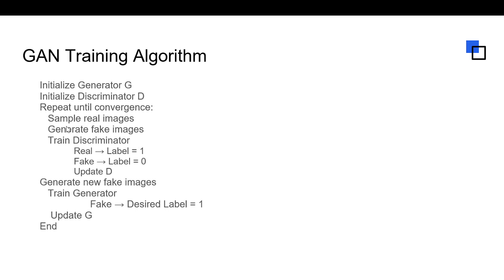Next, we need to provide a sample real image. Then for those sample real images and sample fake images, we need to provide a proper class label, where the real data set is labeled as 1 and the fake data set is labeled as 0.